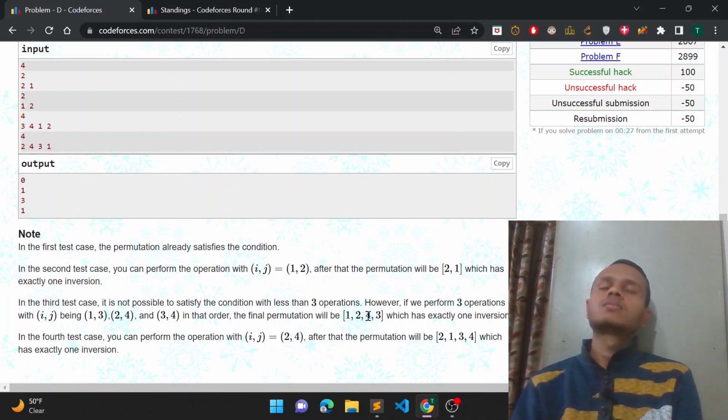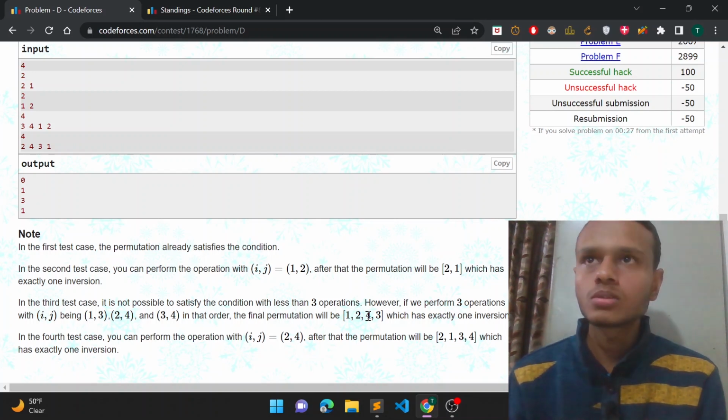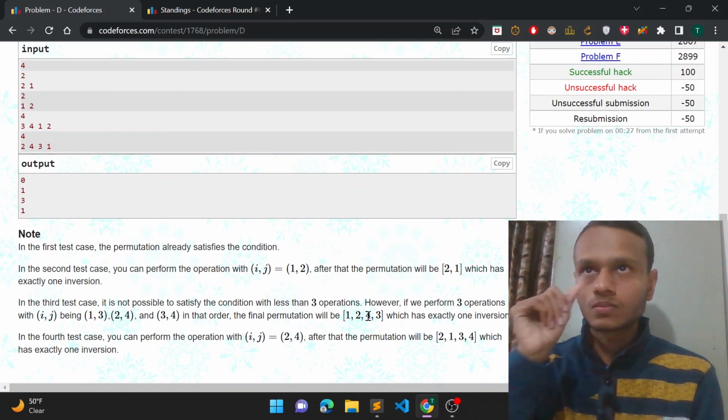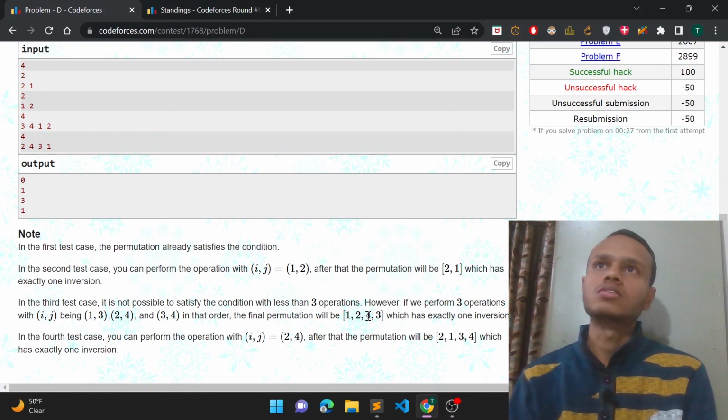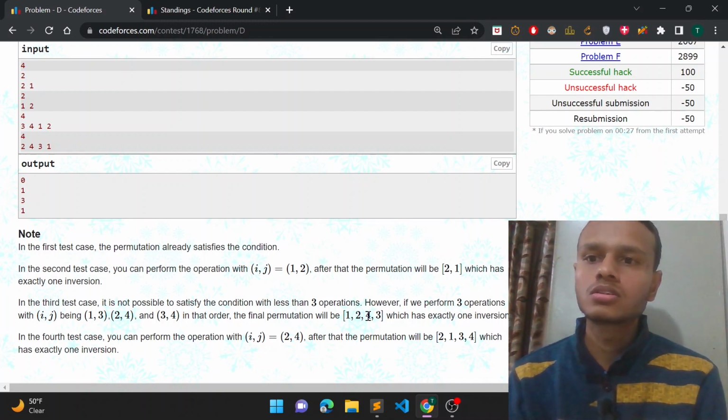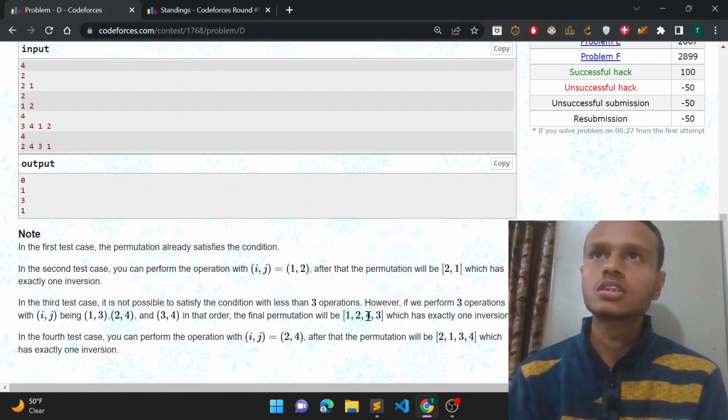But can there be any problem? I mean, first of all, we have to get 1 to its correct position. So if 1 is at the 2nd index, then 2 has to be at the 1st index and the rest of the array has to be sorted.